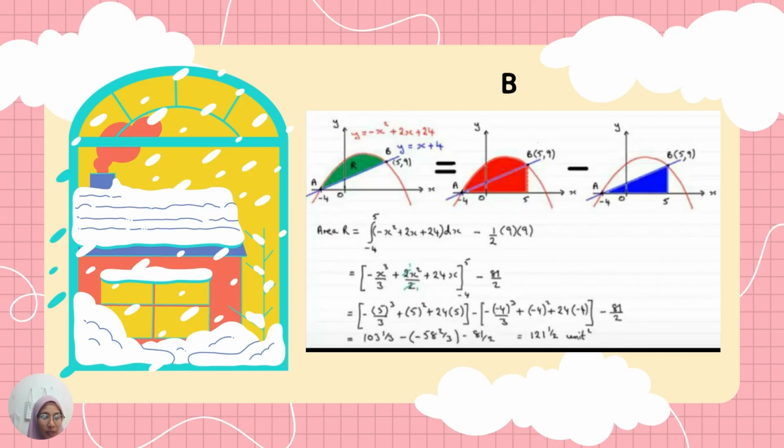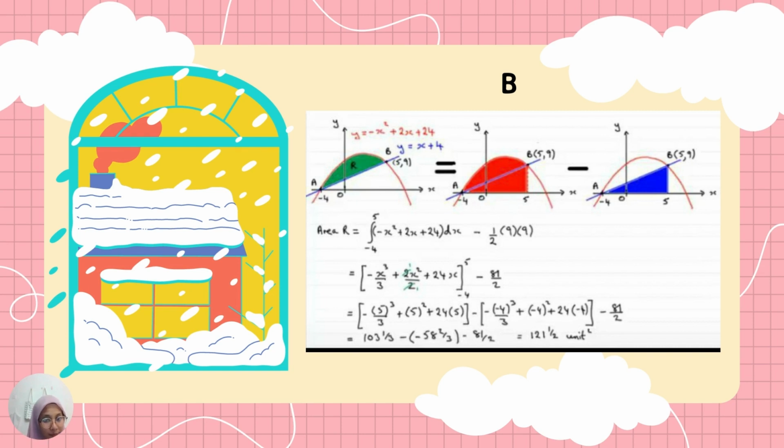For question B, you have to find the area of the shaded region R. So in order to find the area of shaded region R, you will first have to find the area for the red shaded area, and then you will have to find the area for the blue shaded area, and then you have to subtract the two.